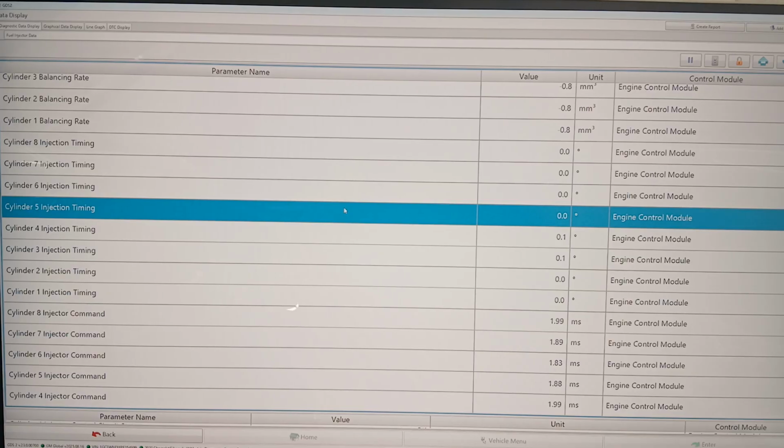So typically on a diesel engine, when you decelerate, you go into a fuel cutoff mode. Injectors are not on.